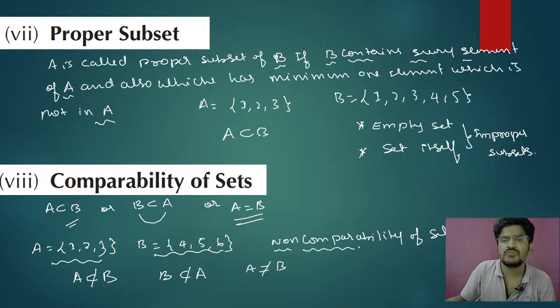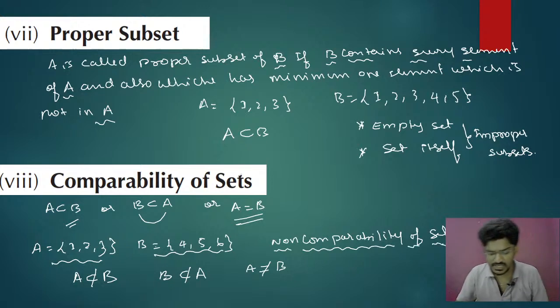Okay. So if you have to compare two sets, it must be either a subset or it must be equal. Then you can compare those two sets. Otherwise you can't compare them. That is what comparability of two sets means. Clear?